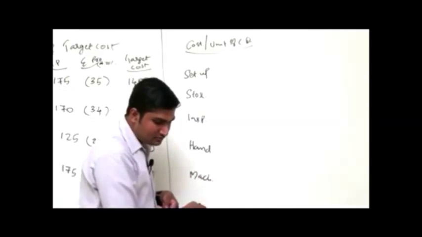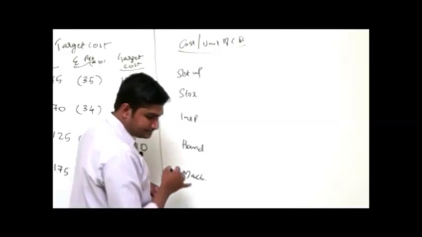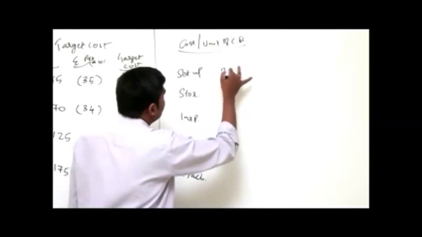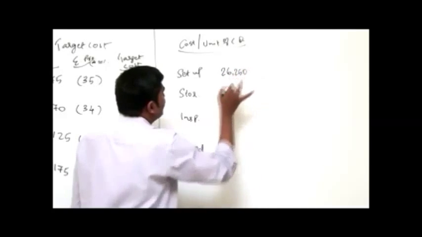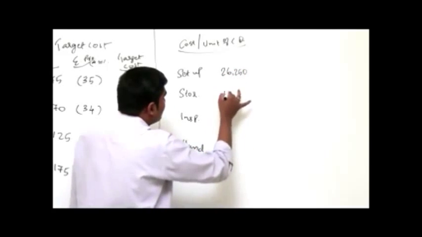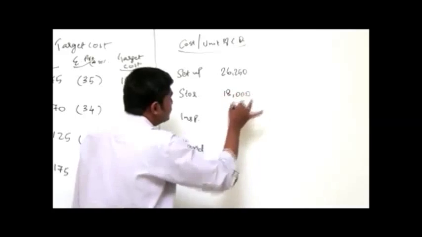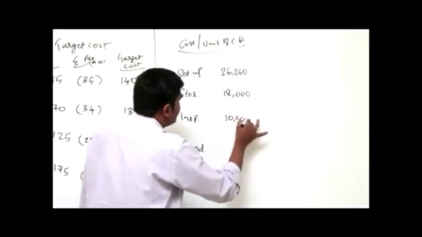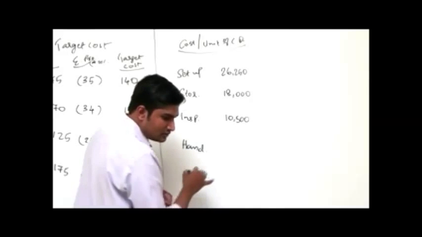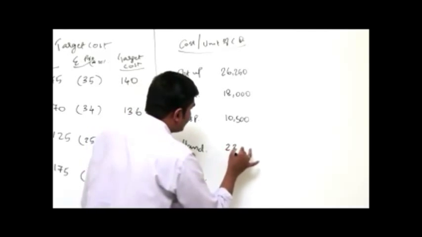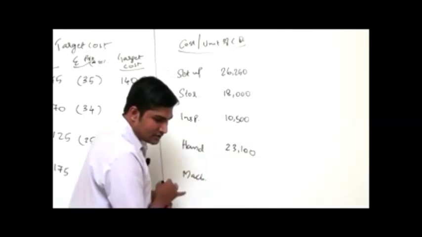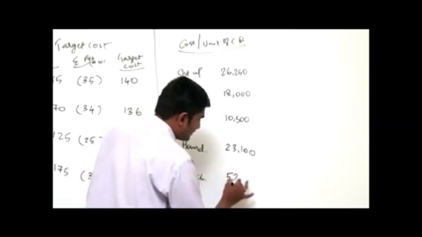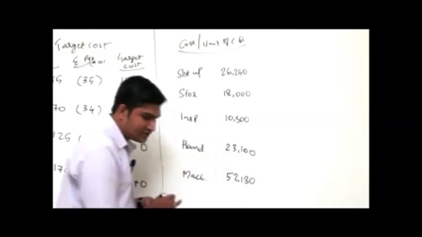The amounts are given directly in the problem: 26,250 setup cost, 18,000 stores cost, 10,500 inspection cost, 23,100 handling cost, and machine department cost 52,130.